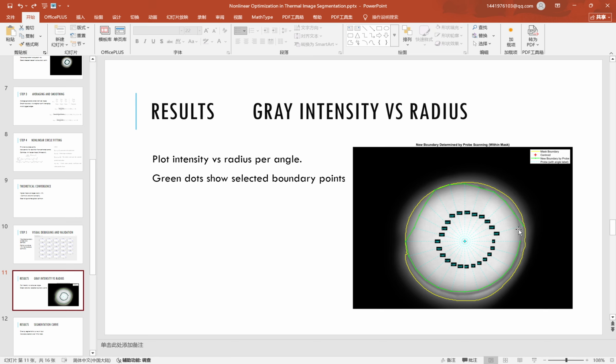So the furthest point reached by the probe is indicated by the bright green dot, and the expected edge is drawn with a line connecting the two furthest points. For the results, we have the segmentation curve.